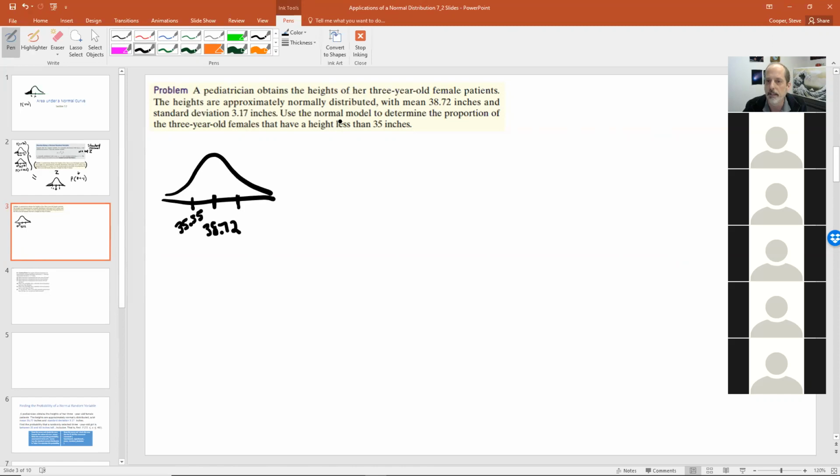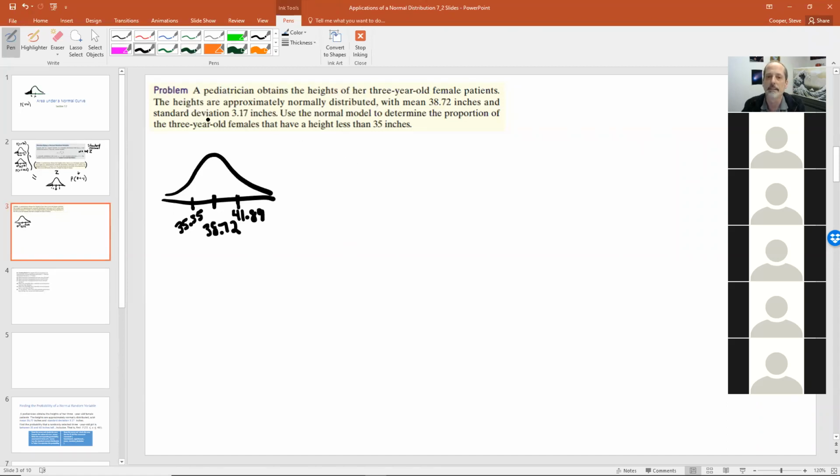So here's one standard deviation to the left of the mean, and if I add the standard deviation of 3.17 to 38.72, then I get 41.89 as the label for one standard deviation above the mean.